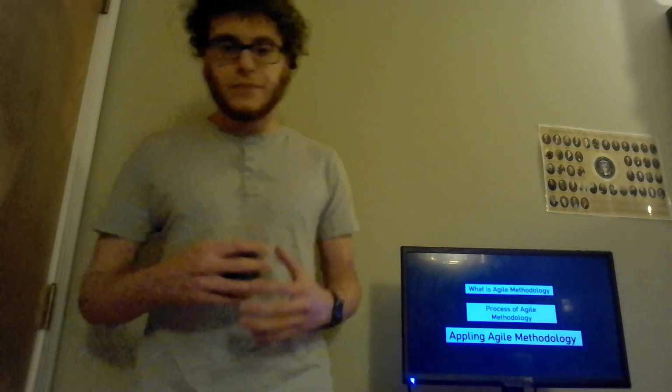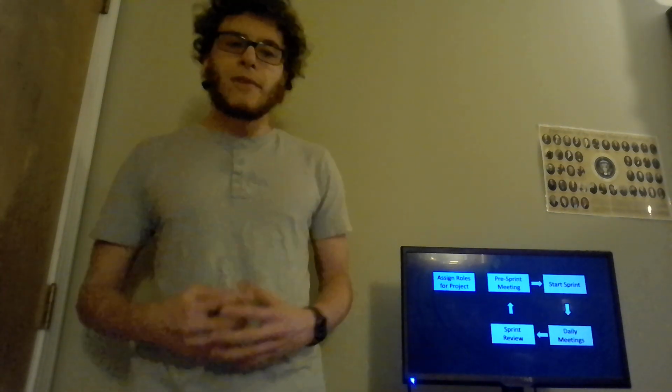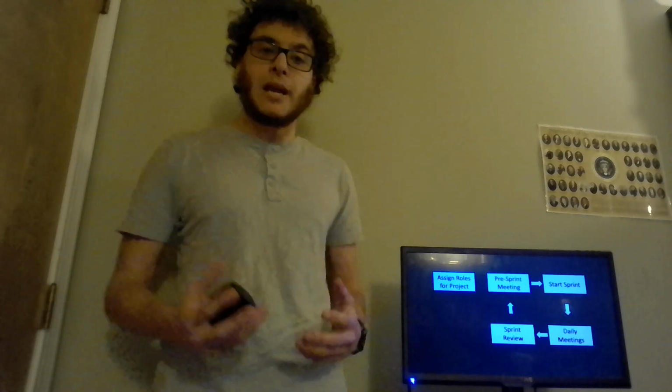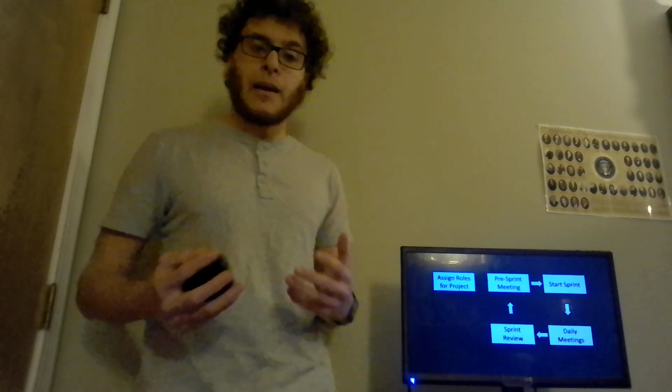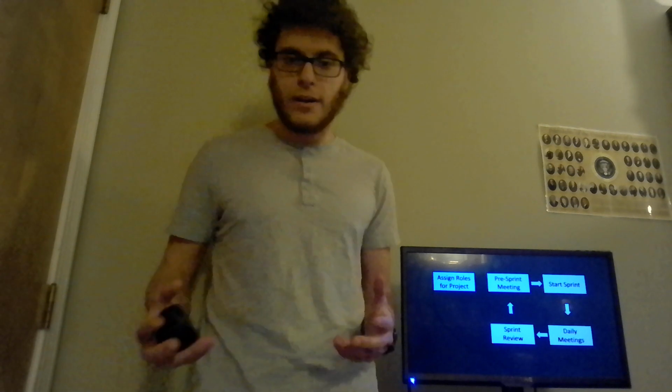So now that we know the process of Agile methodology, I will now go over applying it to a real-life example. And so this real-life example, let's say, could be a marketing presentation for a marketing class. And so a group would get together and assign roles for the project.